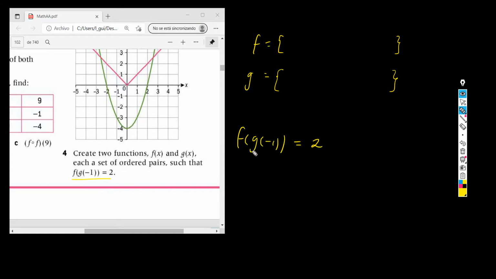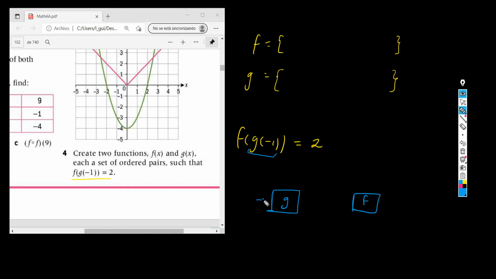Okay. How should you interpret this requirement, guys? Basically, when you give -1 as an input to g, then g is going to give you some output, and that output is actually all of this number. So let's draw g and let's draw f.